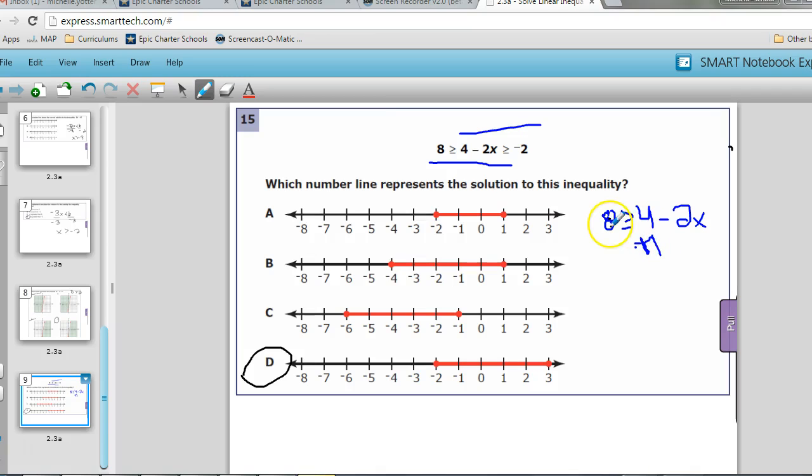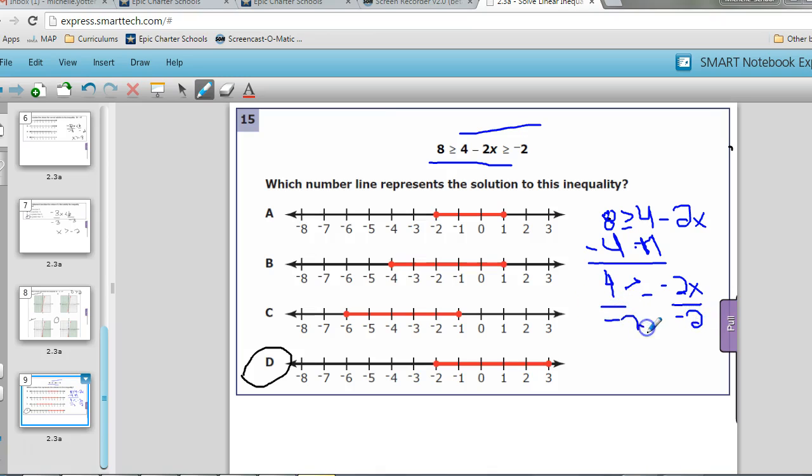I am having pencil problems here. Oh my goodness, that should say 4 is greater than or equal to -2x. I apologize. Divide both sides by -2.